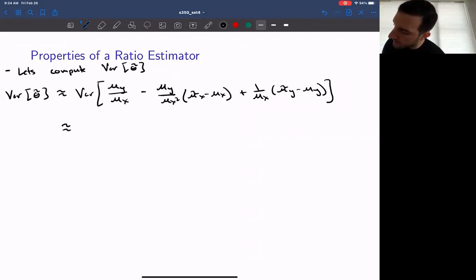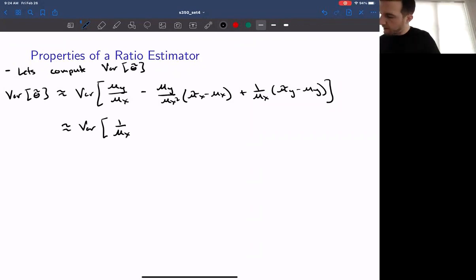So this thing here can simplify to the following expression. 1 over mu x, and then we will have mu tilde y minus mu y over mu x times mu tilde x.